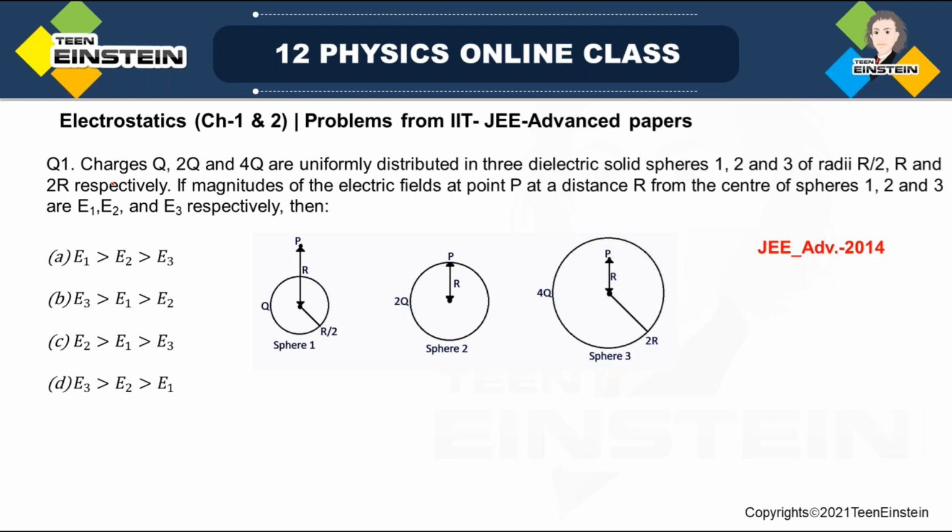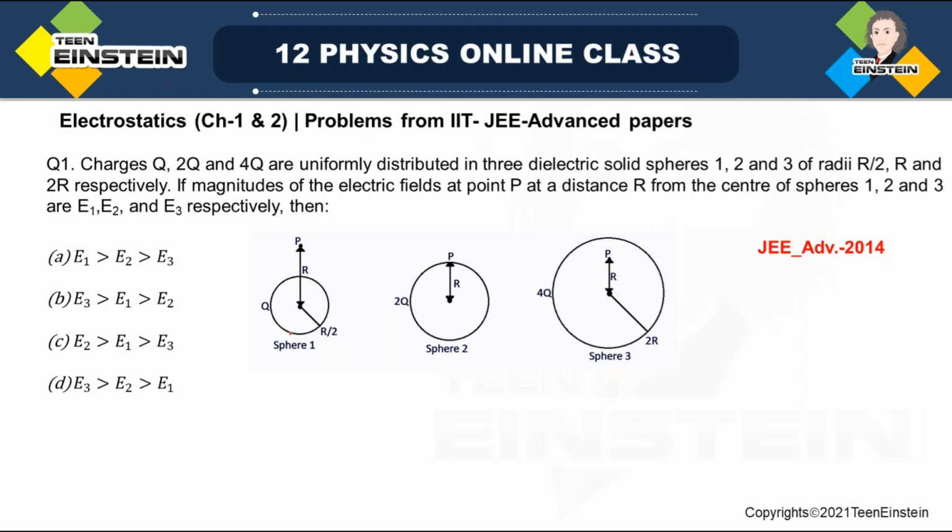So the first question says charges Q, 2Q, 4Q are uniformly distributed in three dielectric solid spheres 1, 2 and 3 of radii r by 2, r and 2r respectively, as you see in this figure.